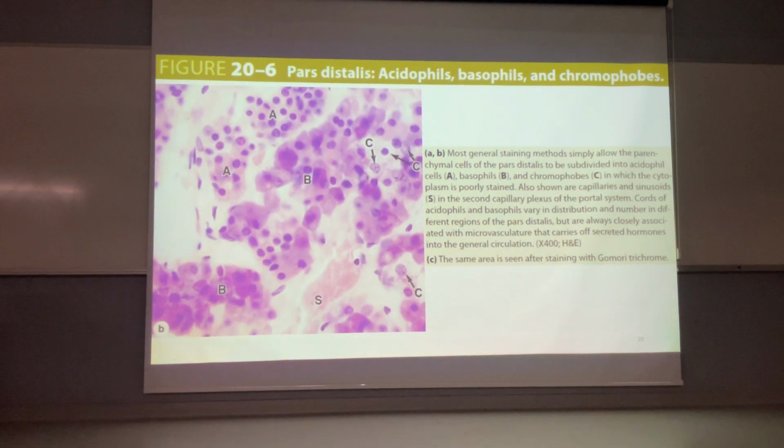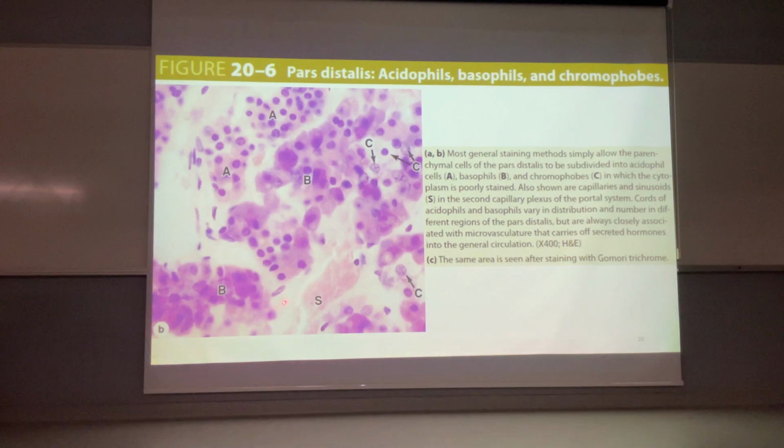Look at here again. In this part we have the chromophobe cell. Look at the cytoplasm. It's clear. Here we have acidophilic cells. The cytoplasm is stained pink. And basophilic cells here, the cytoplasm is stained a little dark. Also you can see a high amount of capillaries between the cells.